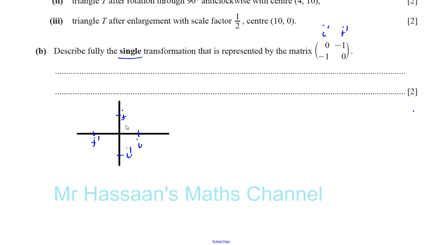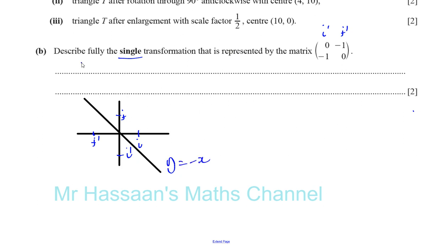So I've got to think what moves J to that point and I to that point, and we can see quite clearly it's a reflection in a line going diagonally across like this. If you reflect in that line, then this will move to there, and this will move to there. This line passes through the origin and has a gradient of -1, so y equals -x.